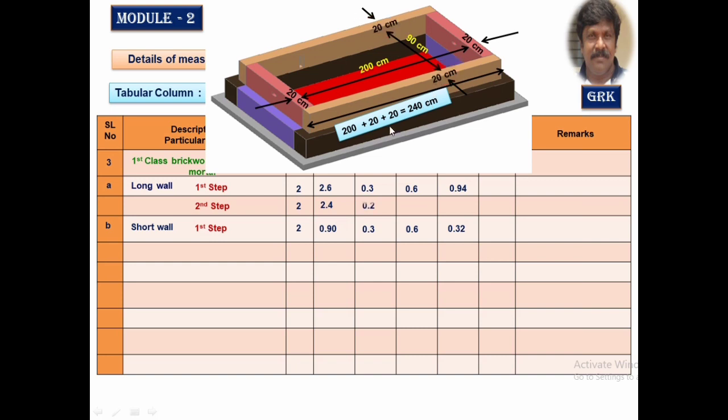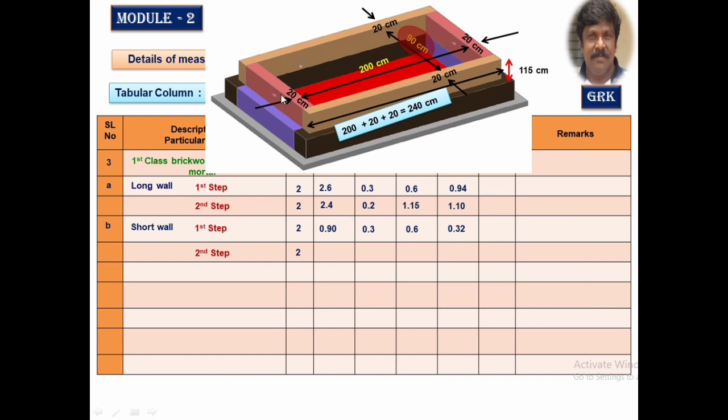Thickness of the walls, as I said earlier, 20 centimeter. Height of this is 115 centimeter, that is 1.15 meter is the depth of this second wall. Enter that. Get me the second step of the short walls. Short walls length remains the same, that is 90 centimeter.